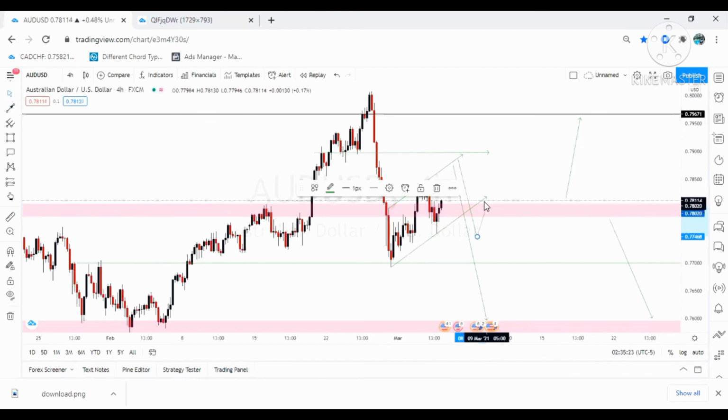So it comes back to retest the trend line. It also comes back to retest this higher time frame minor support now as a resistance. And then this will be my first take profit. Like I said, this will be my second take profit. So that's only when I'm willing to sell.